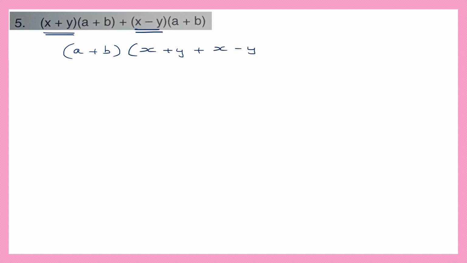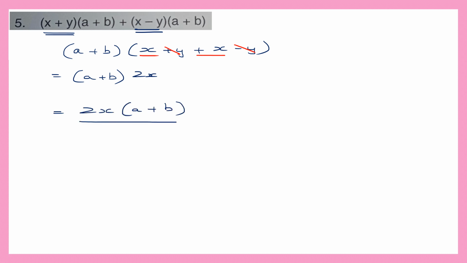So this will be a plus b into, now let's simplify this. x plus x will give us 2x. And then when you look at the y's, you have plus y minus y, which will get cancelled. So we have a plus b 2x, or we can write this as 2x into a plus b. So this is our answer.